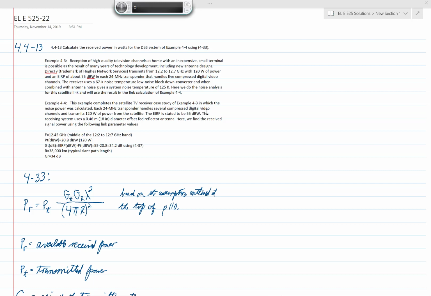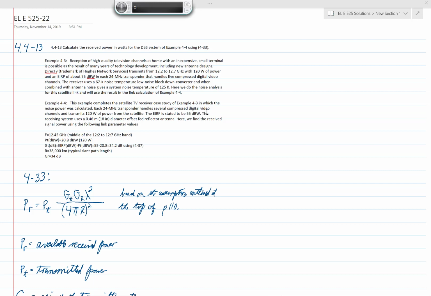The receiver uses a 67 K noise temperature low noise block down converter, and when combined with antenna noise gives a system noise temperature of 125 K. Here we do the noise analysis for this satellite link, and we'll use the result in the link calculation of example 4-4.